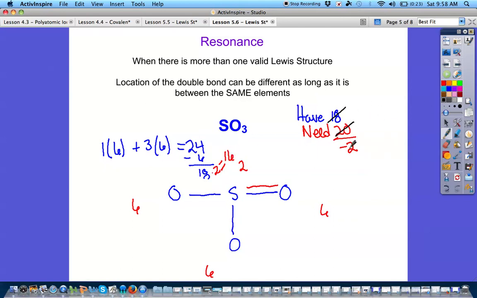So we now have 16. We need to reassess our needs. And I always reassess the needs for each atom, even if I know it hasn't changed, it just helps me keep track of everything. So this oxygen is sharing 2. It's still going to need 6. This oxygen is sharing 2, so it's still going to need 6.